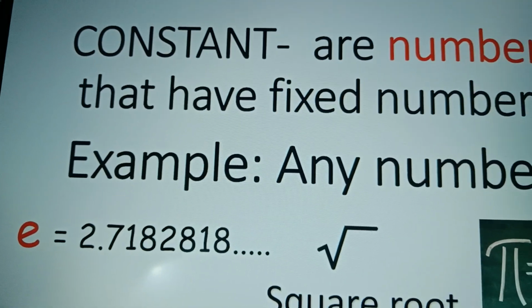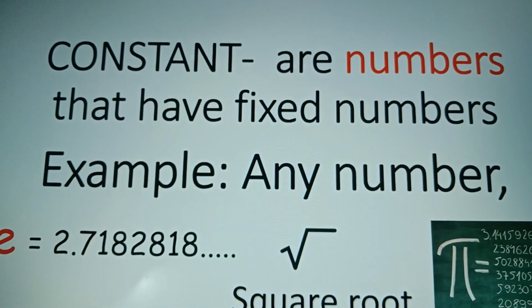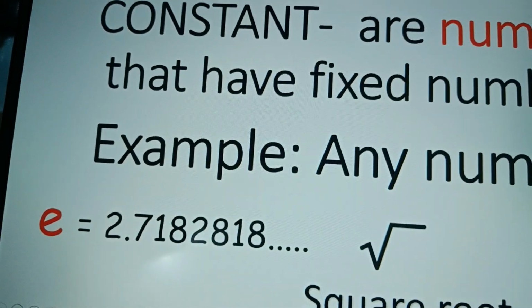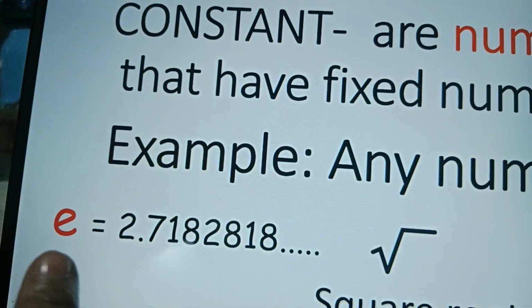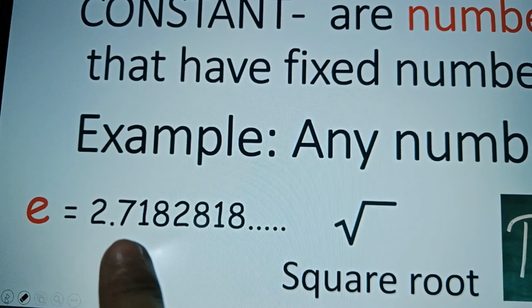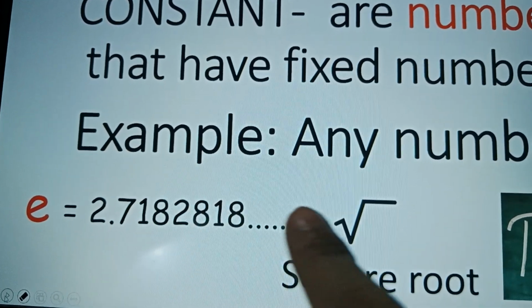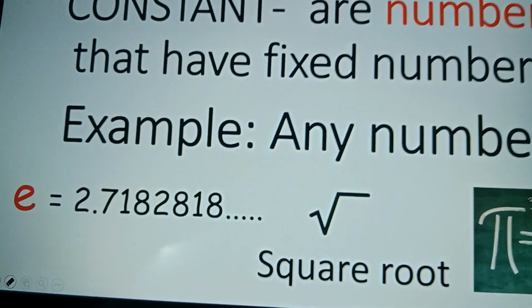That's why it is considered a constant, not a variable, because this e has a fixed value: 2.718, and so on.